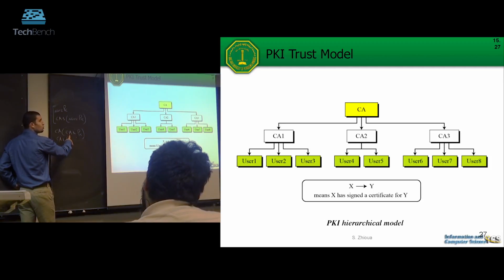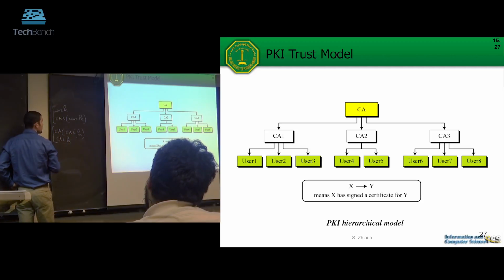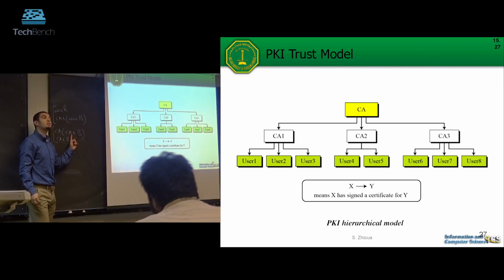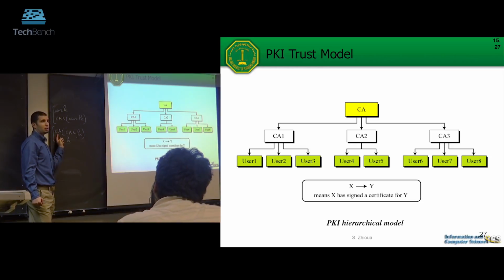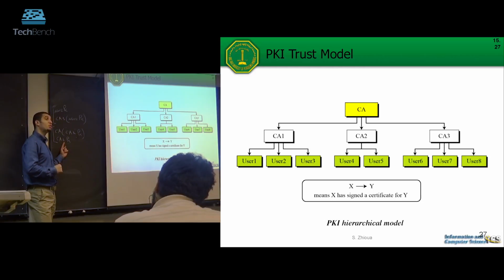Now, user 7 received this. It needs to check that this is an authentic public key of CA1. What does it need to do? It decrypts it with the public key of CA, because it is signed by the private key of CA. It must obtain the public key of CA1. Once it finds that, it's sure that this is the public key of CA1. Then it will use that public key of CA1 to decrypt this.